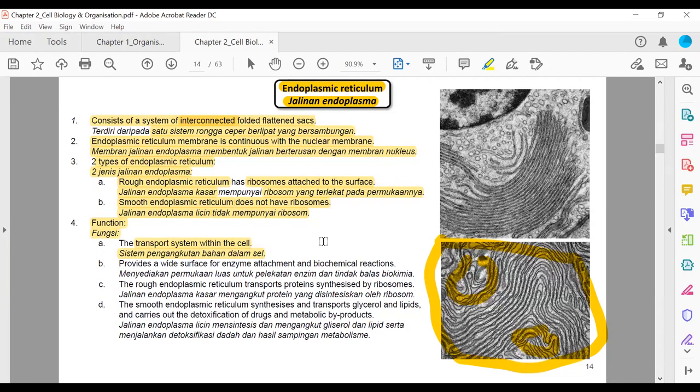Contohnya, apabila ribosom menghasilkan protein, because kita tahu ribosom duduk di atas membran rough endoplasmic reticulum.